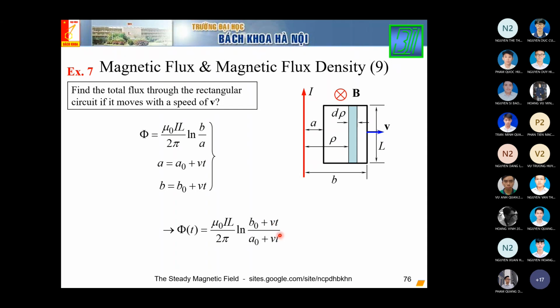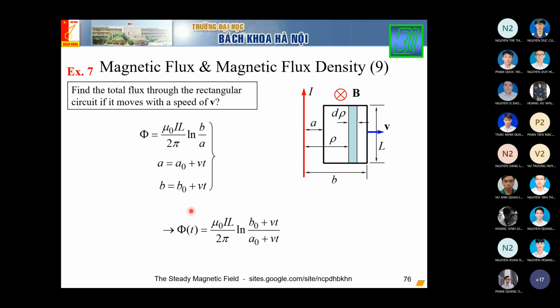So when time increases and v is a constant, the numerator and the denominator here all increase, and finally they will be very, very large. In that case, the numerator and the denominator will be the same, this ratio will be 1, and the natural logarithm of 1 is 0. So when time passes, this magnetic flux will get smaller and smaller, and finally it will come to 0.